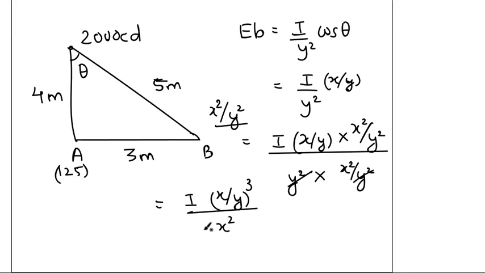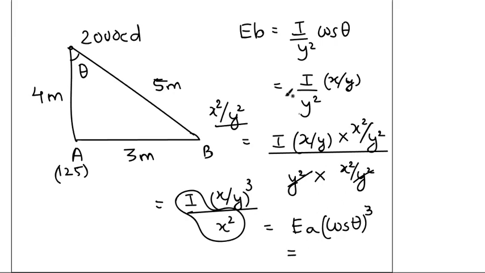So what is I divided by x square? It is the illuminance at A, and x by y is cos theta. So EA cos theta the whole cube is the illuminance at point B, right?